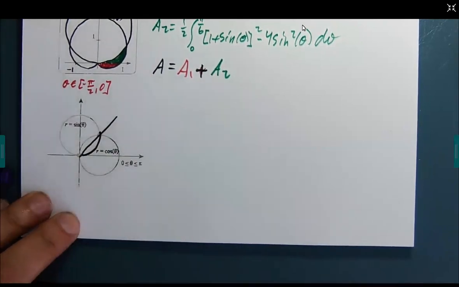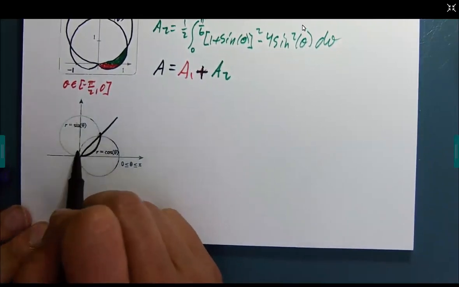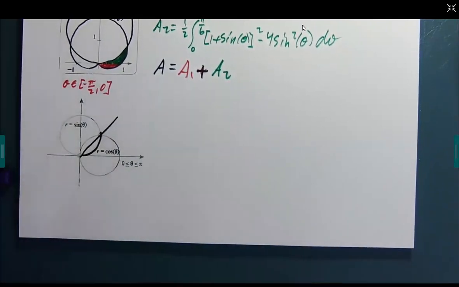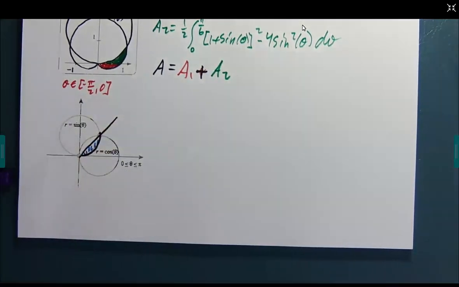So it's just sine of theta. And then for after that angle, do you see we're only dealing with this curve? But what I'm going to do is notice that it is symmetric. So if I can find just this area, I can double that and end up with what I need.